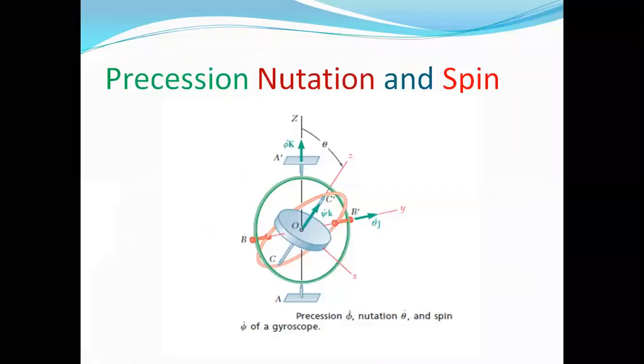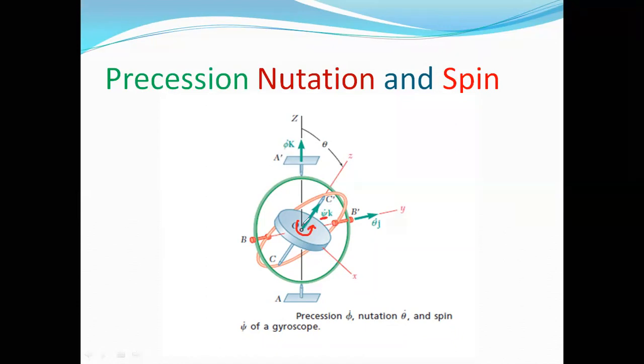Now, to realize how the steady precession looks like, you have to visualize the motion of the gyroscope in total. Imagine that this disk is rotating about the small z axis with an angular velocity psi dot, and the psi dot is constant.